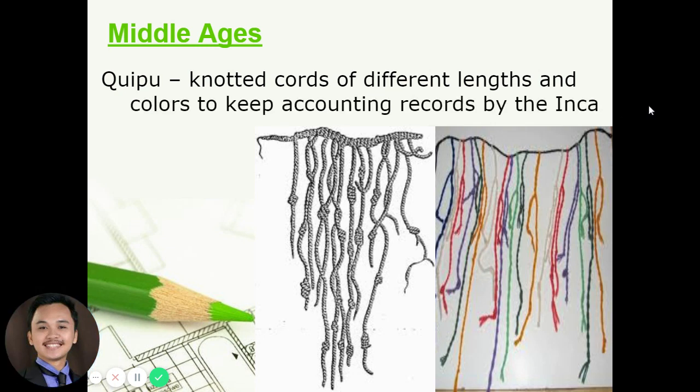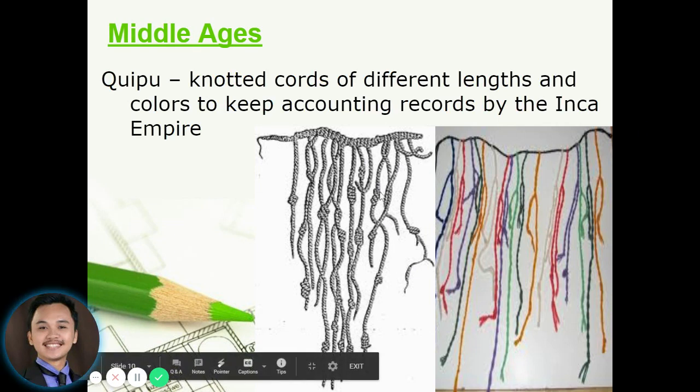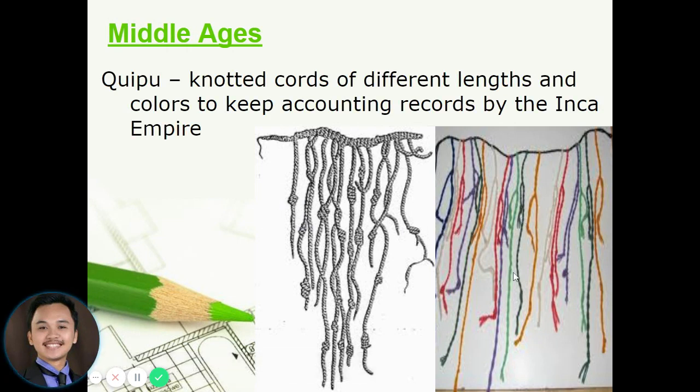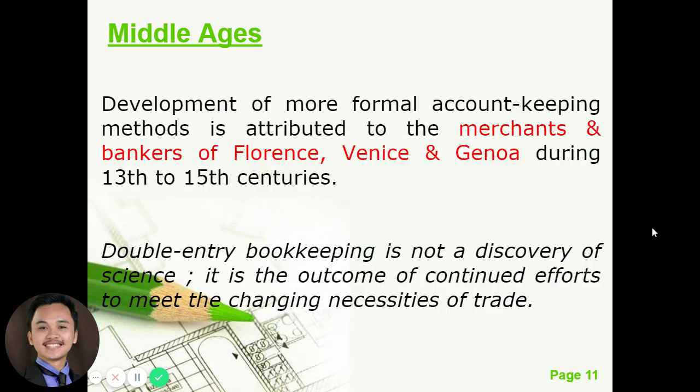So quipo was used with different lengths and colors to keep accounting records by the Inca Empire. So these knots with the corresponding cords and colors constitute records as well of their business transactions.